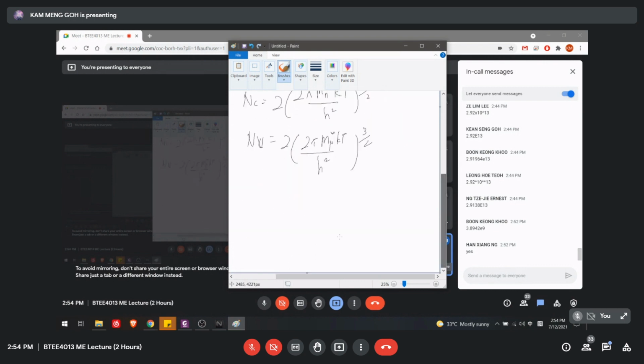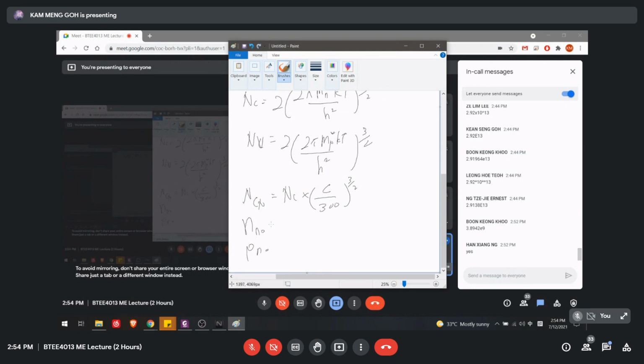That's why there's a shorter way for us to calculate the new NC and new NV. NC new equals NC multiplied by T over 300 to the power 3 over 2. So we can calculate our new NC, new NV, and new NO and new PO, something like this.